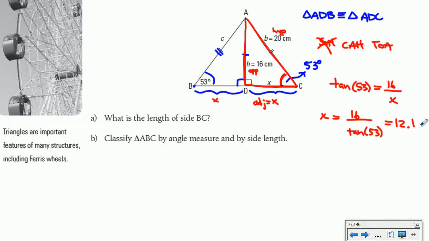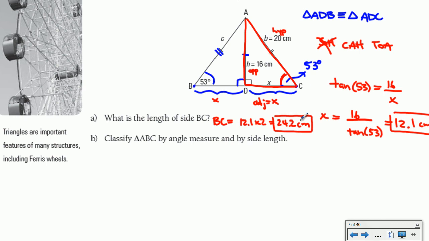Could maybe call it 12.1 centimeters. And then BC is equal to 12.1 times 2, so it's going to be 24.2 centimeters.